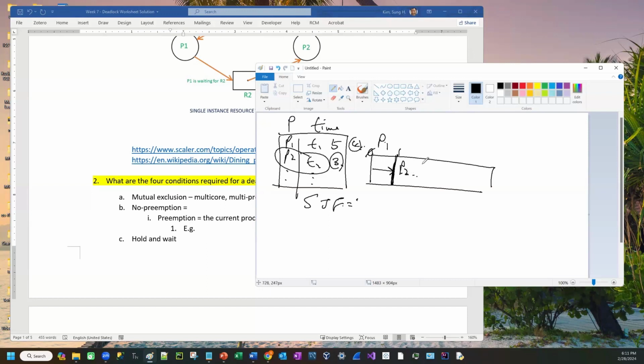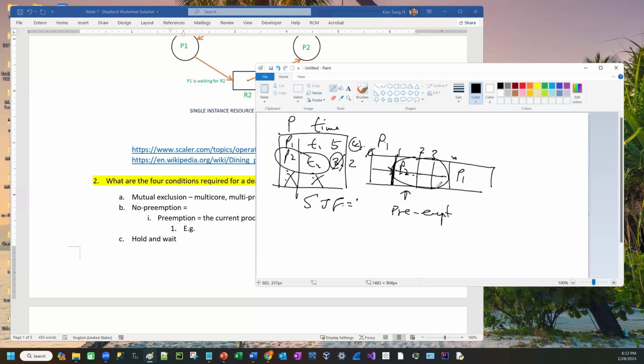At 2, there's only 2 left, but this 4 just stays. So it continues on for 1, 2, 3, 4. And so P2 goes, and only then, if there's no other process, P1 comes back. So P2 breaking in is called a preempt.